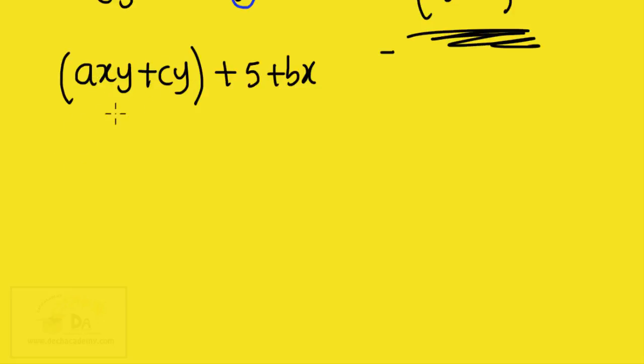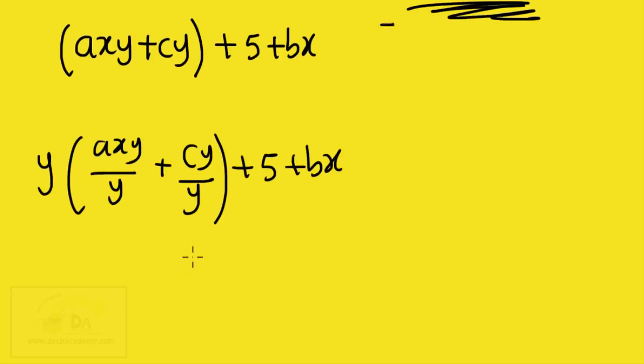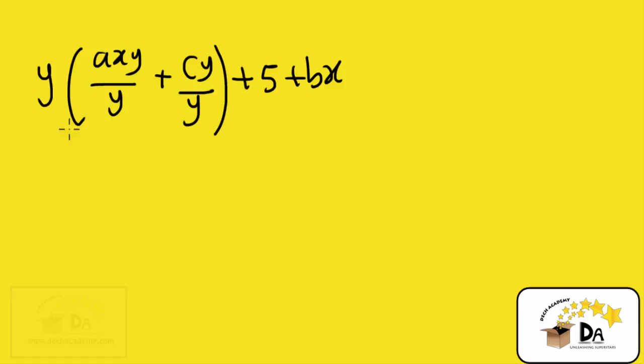So, factorizing this expression is achieved by dividing each term by the HCF. So dividing this expression through by the HCF, and then multiplying the results by the HCF. And this plus 5 plus bx is just written as it is. And simplifying gives y into, well, y here 1, y here 1, y here 1, y here 1.